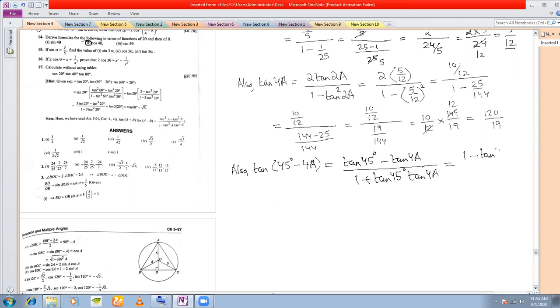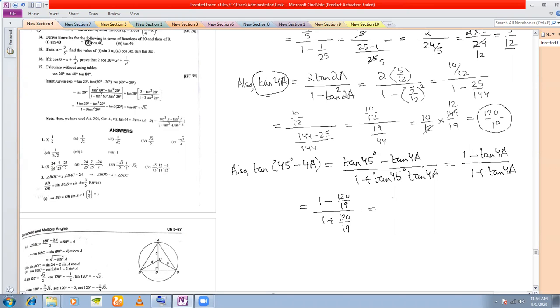This becomes 1 minus tan 4A divided by 1 plus 1 into tan 4A, which means simply tan 4A. And we have calculated the value of tan 4A here as 120 by 19. So we simply put it here. So 1 minus 120 by 19 divided by 1 plus 120 by 19.